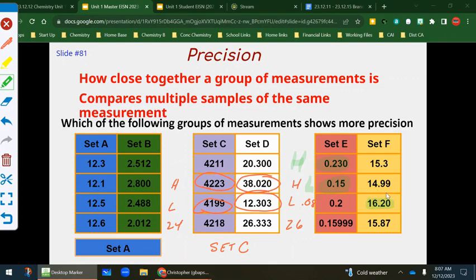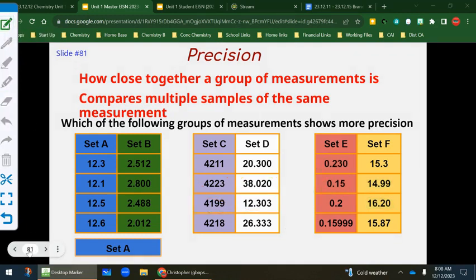Which one is the lowest? How much is that a difference of? About? It's over 1, right? So what does that mean? That means set E is our more precise set. Questions? Excellent, ladies and gentlemen. Excellent. All right.